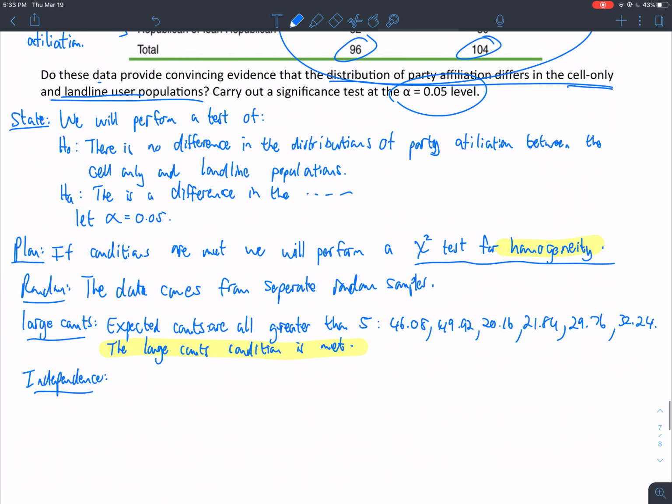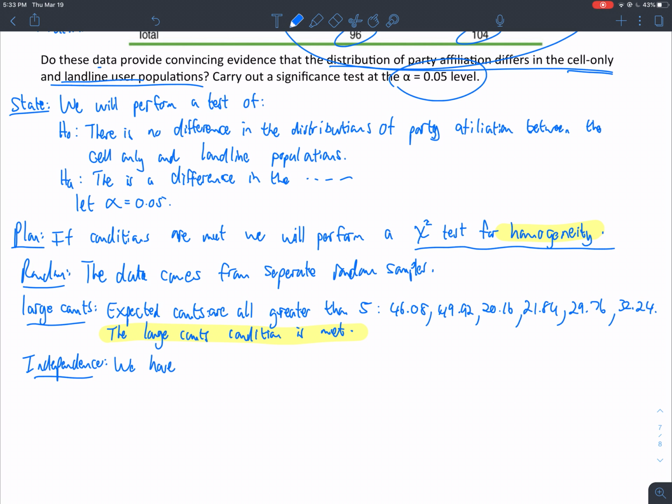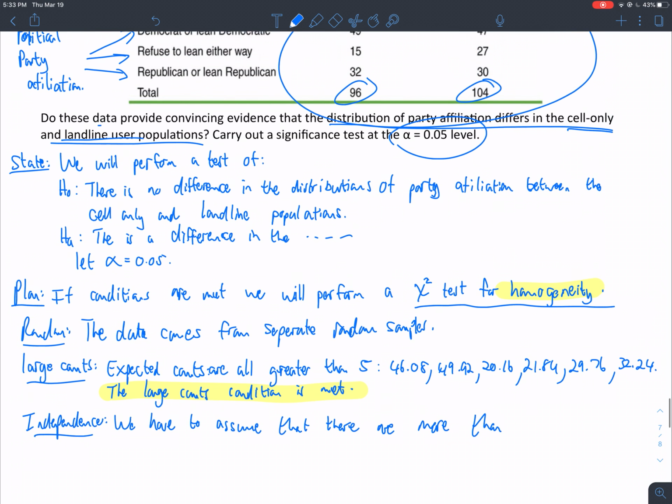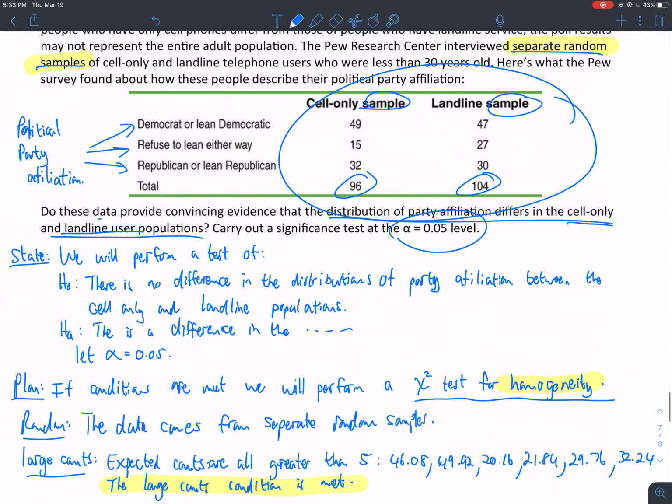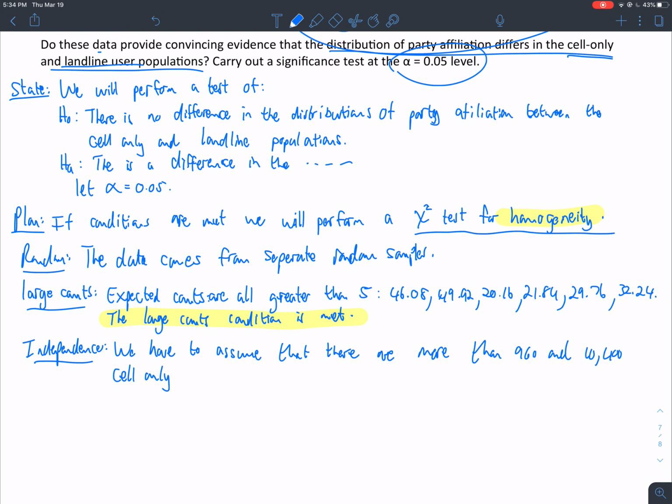We have to assume that there are more than 960 and 10,400 cell only and landline users in their respective populations.